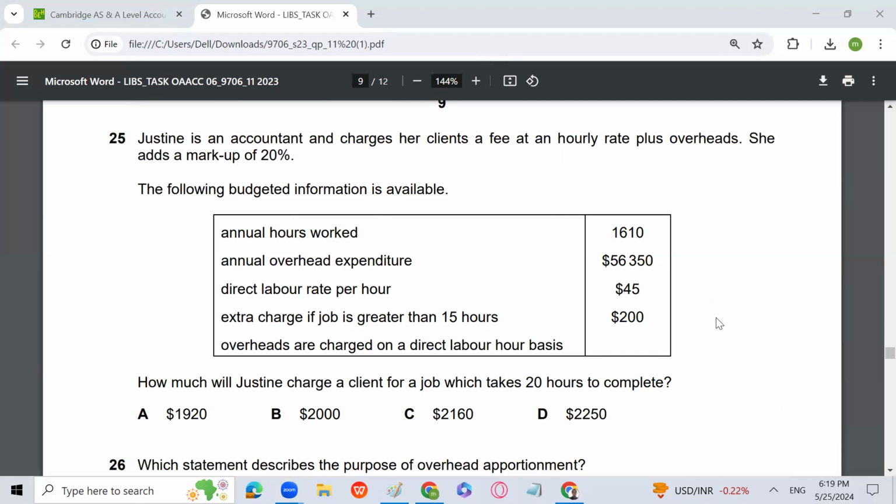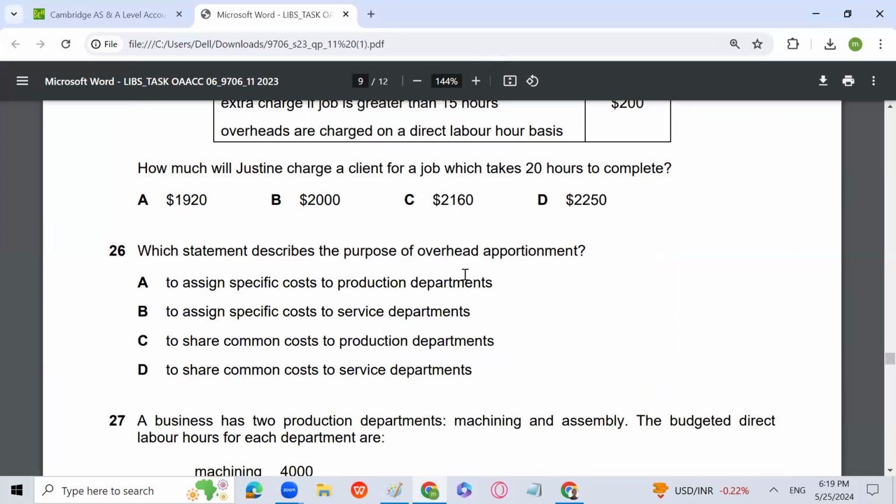Next: which statement describes the purpose of overhead apportionment? To assign specific costs to production departments, to assign specific costs to service departments, to share common costs to production departments, or to share common costs to service departments.